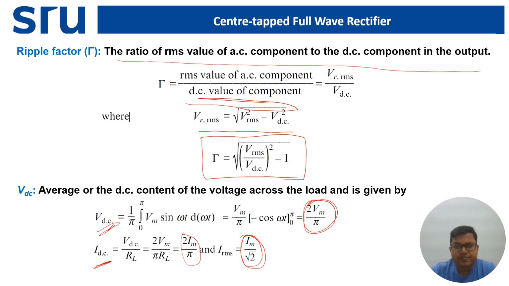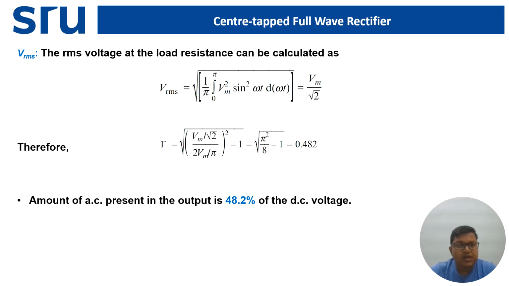Next we will see the VRMS value. Similarly, we find the value of VRMS, and after the integration, it becomes Vm by root 2. So VRMS is equal to Vm by root 2. Now we put the values of VRMS and VDC into this equation, where in the earlier slide we noticed it was root of (VRMS by VDC) whole square minus 1.